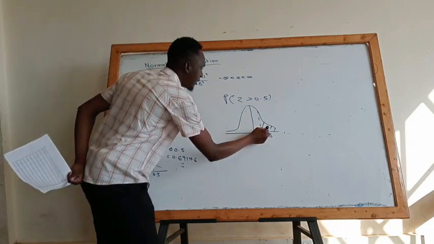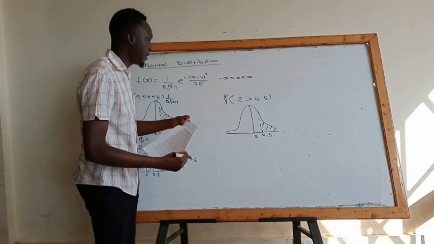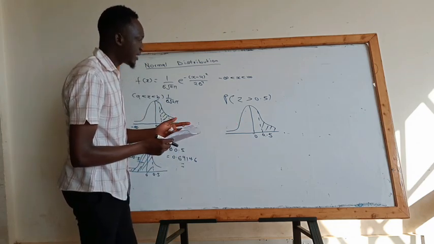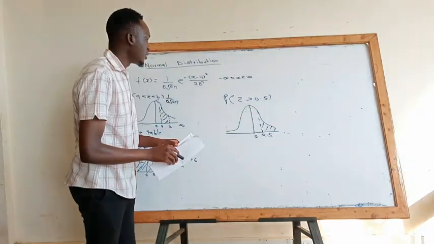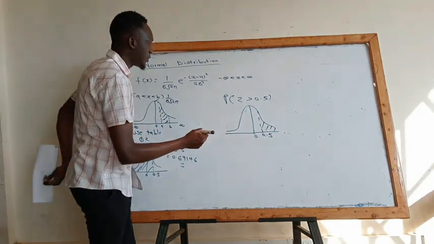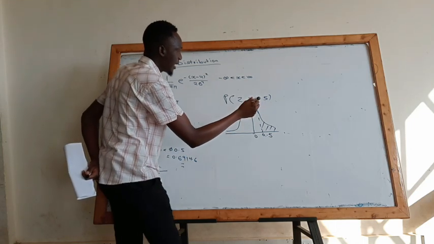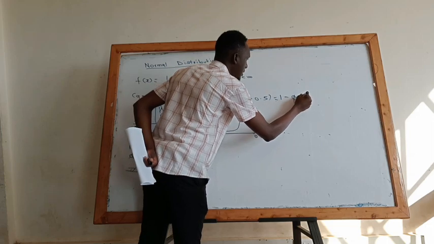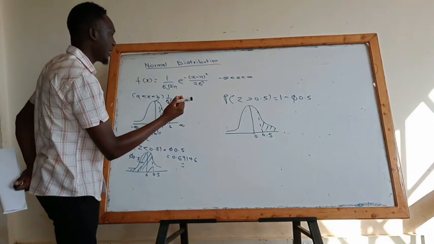To find the area to the right, we find that this distribution is symmetrical, and our table gives us the area to the left, but they want the area greater than. So we take 1 minus phi 0.5, since phi 0.5 is the area to the left.